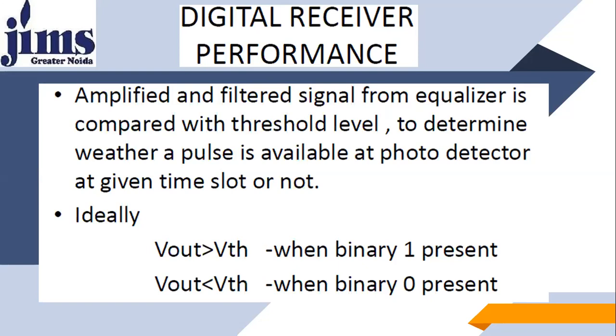Then the receiver is able to determine whether a pulse is available at the photodetector at a given time slot or not. Ideally, look at this slide, if this output is greater than the threshold voltage, then the receiver declares binary 1 is present. And when this voltage output is less than the threshold voltage, the receiver declares binary 0 is present. In that way, the receiver declares 1 and 0.